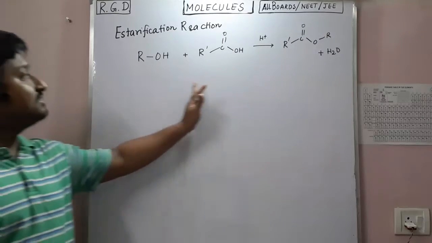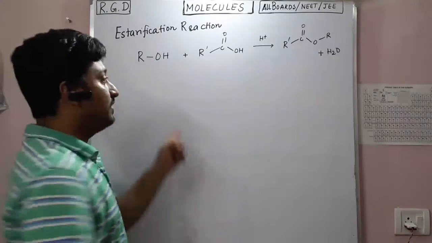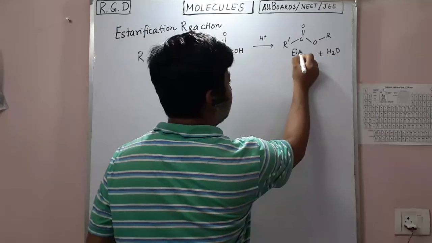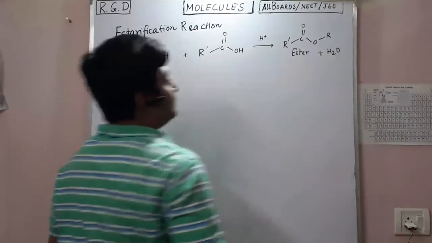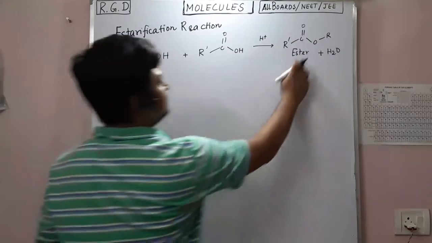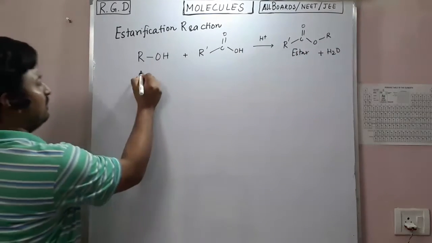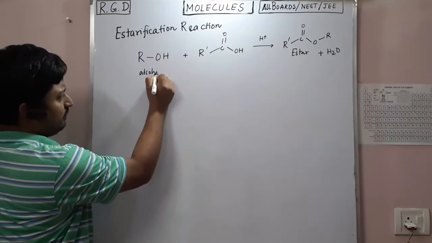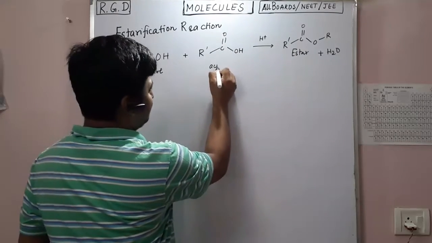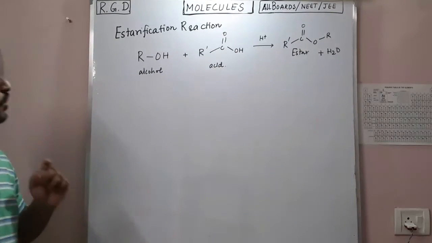This is known as the esterification reaction. So this is the ester, this is an alcohol, and this is a carboxylic acid.